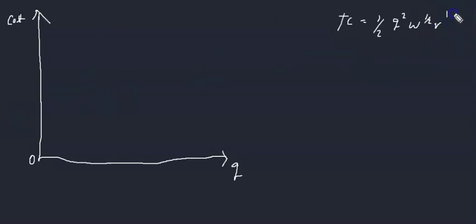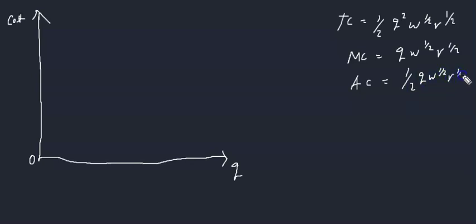Then MC will be Q W to the power 1 over 2 R to the power 1 over 2, and AC is just 1 over 2 Q W to the power 1 over 2 R to the power 1 over 2. So this is what we got.